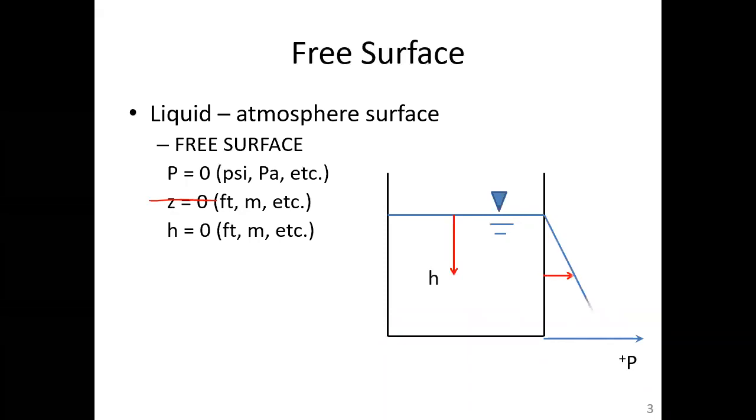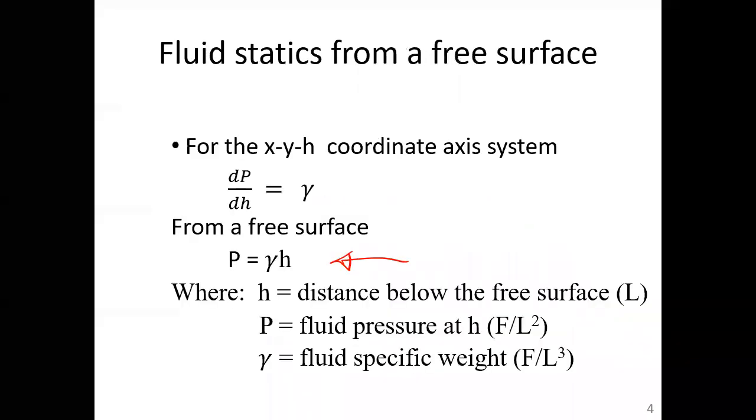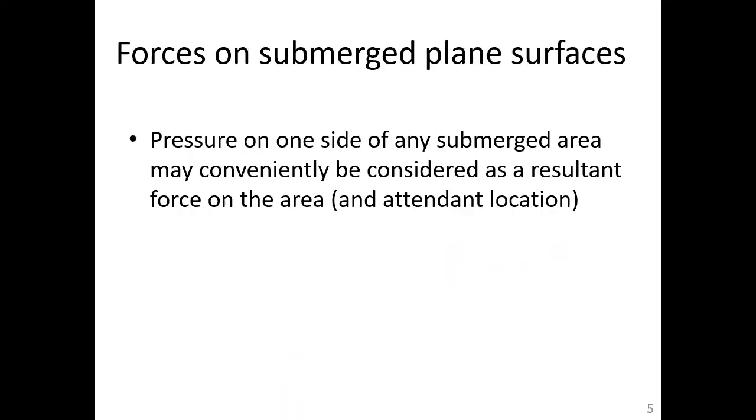So what I want to move on to today is forces. So what we want to do is calculate the pressure distribution over any surface, plane, submerged surface. And from that, calculate the force that represents that pressure distribution, as well as where that force acts.